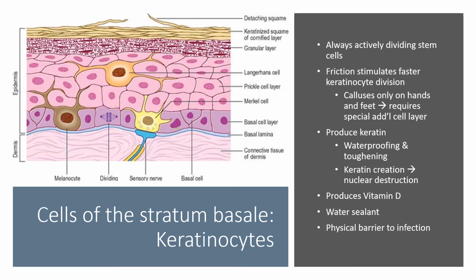These basal cells are also the cells that produce vitamin D upon exposure to UV radiation. Because they're starting to produce keratin, they serve as a bit of a water sealant and a physical barrier to infection. It's another layer for things to have to penetrate past in order to get into the body if you're a pathogen.